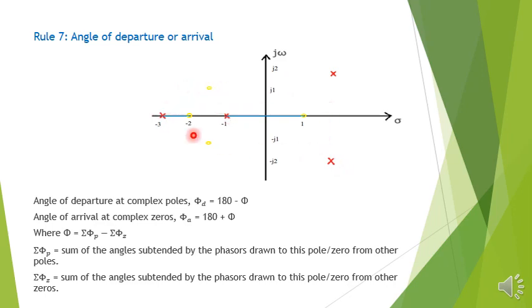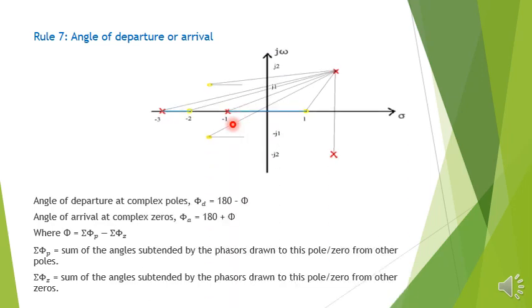These are the angles subtended by other poles to this zero, or these angles subtended by other poles to this pole. The sum of those angles is sigma phi p. Sigma phi z is the sum of the angles subtended by the phasors drawn to this pole or zero from other zeros. It is like this.